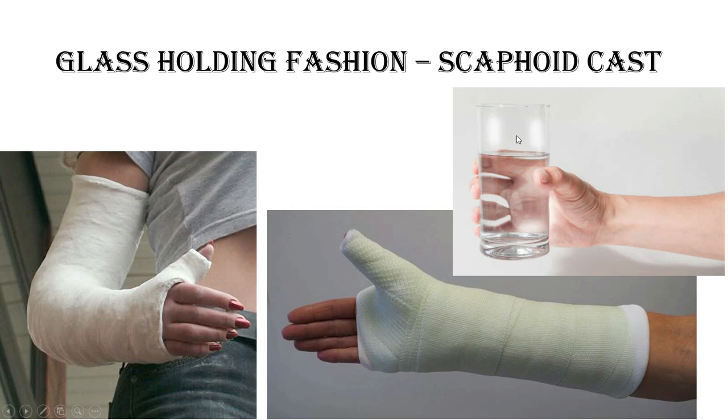Now this glass-holding fashion means you can do it below elbow, but book teaching says it must be above elbow and up to the first distal interphalangeal joint, and in this position you ask the patient to hold in air as if holding a glass, and in that position you apply the plaster.